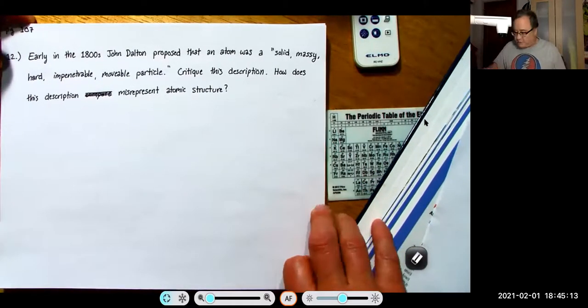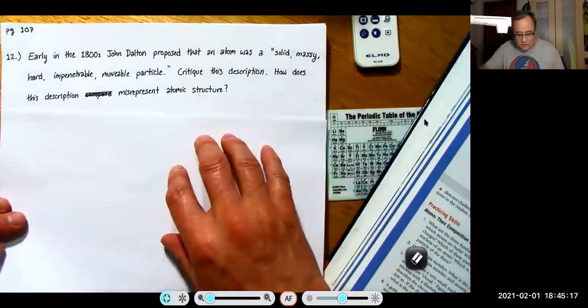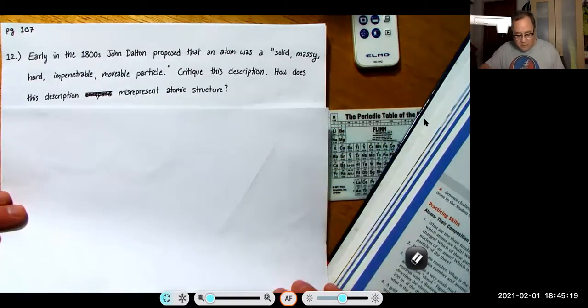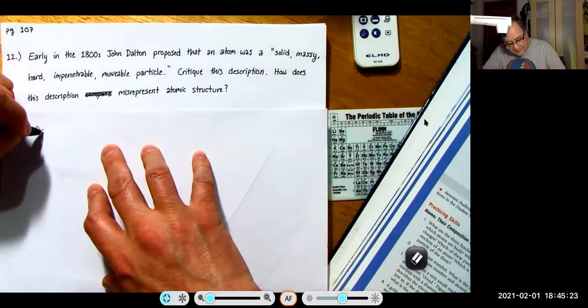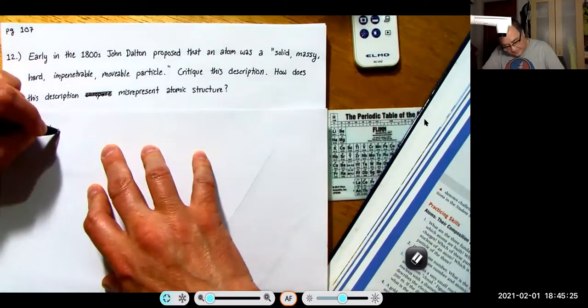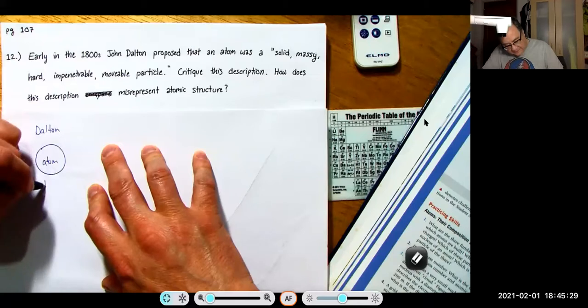In the early 1900s, John Dalton proposed that an atom was a solid, massy, hard, impenetrable, movable particle, which sounds to me like a rock. So there's your atom, a rock.